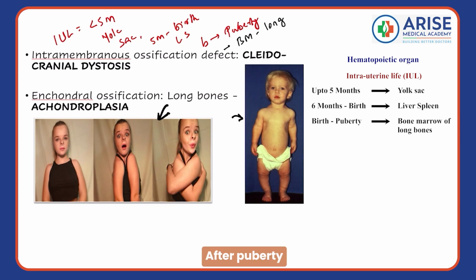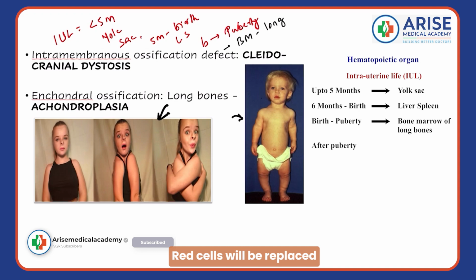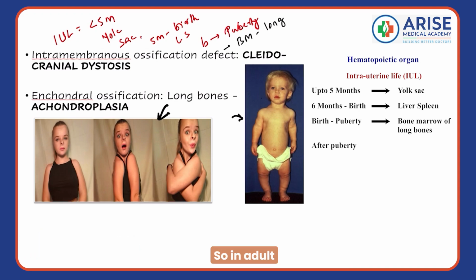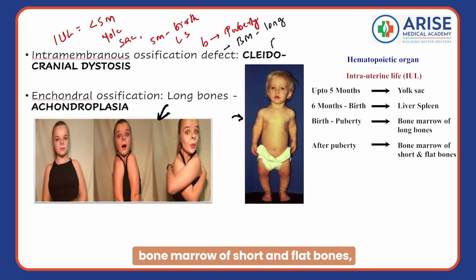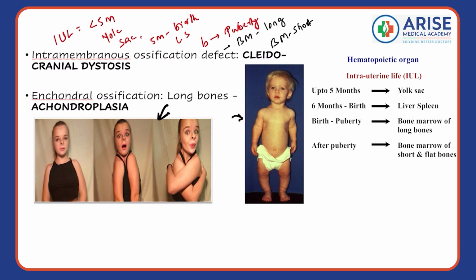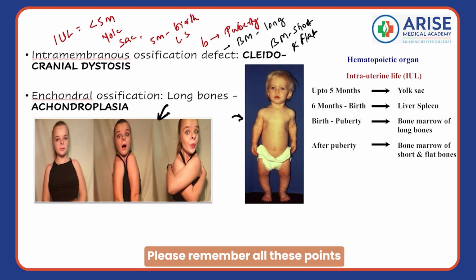But after puberty, red cells in the long bones are replaced by fat cells, the yellow cells. So in adults, after puberty, it is the bone marrow of short and flat bones. Please remember all these points.